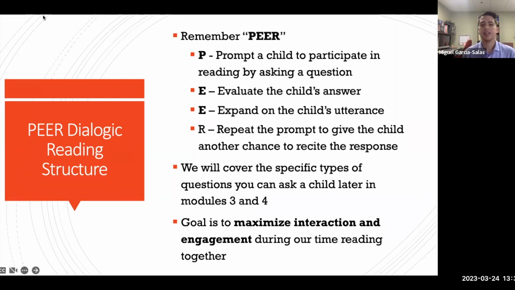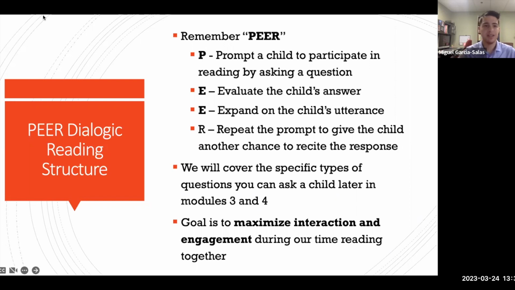Okay. The first E stands for evaluating the child's answer. So we give them that prompt and they respond in some way. So we evaluate whether that's correct or incorrect, or if they're close, or however we're going to evaluate that. And then that second E is to expand on the child's utterance. So we're going to provide some little extra information, whether they got it right or wrong.